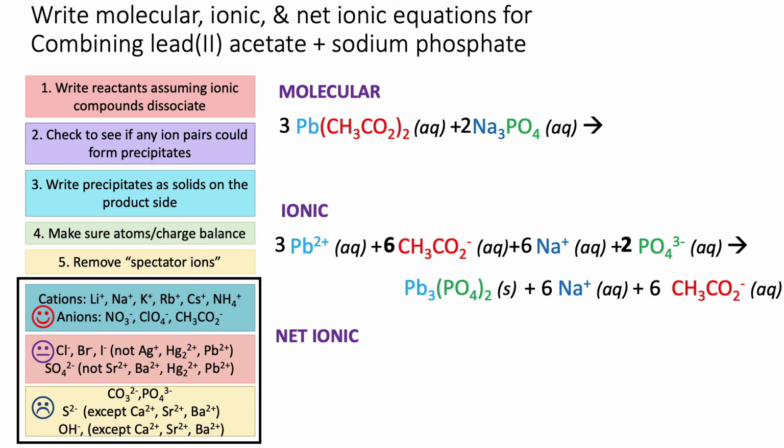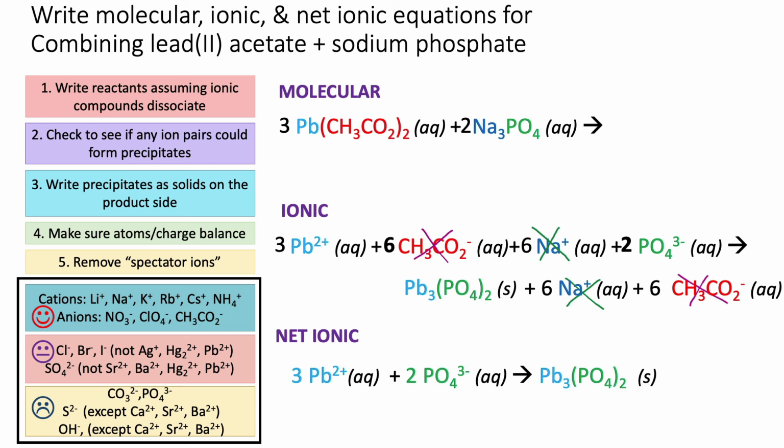Now we're going to remove the spectator ions, and once again we've got sodiums on both sides, and this time we have acetates on both sides. So those are our spectator ions. Our net ionic reaction tells us that 3 lead ions and 2 phosphate ions combine to give us lead 2 phosphate. And of course we now have to complete our molecular equation.